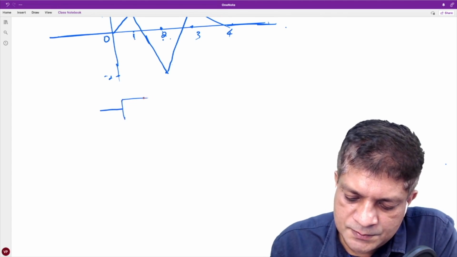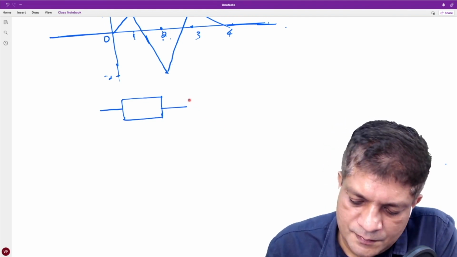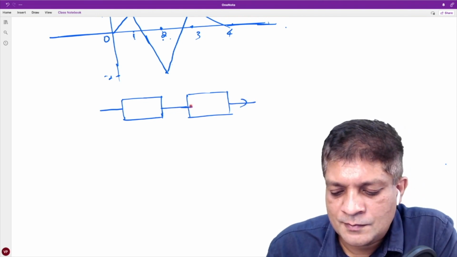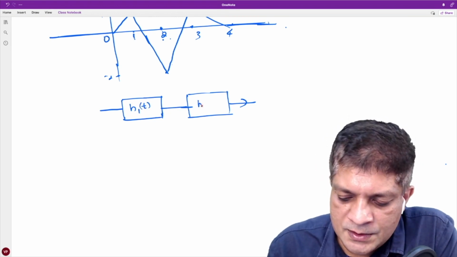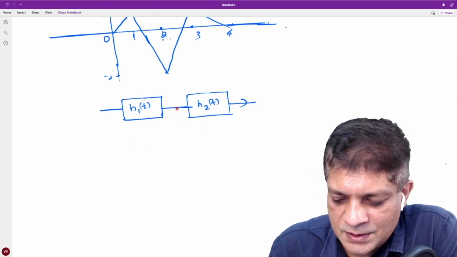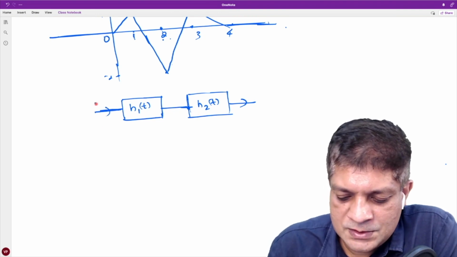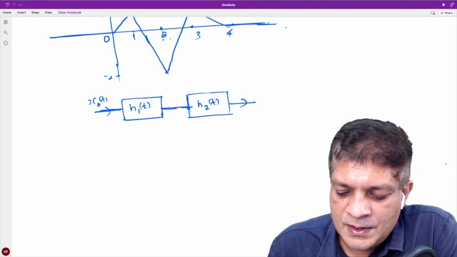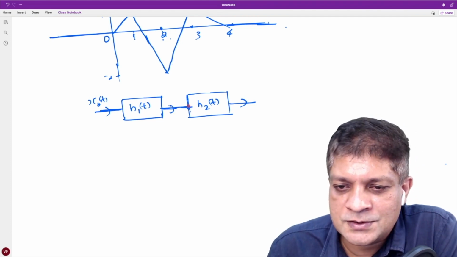Let us consider two LTI systems. The first one has an impulse response h1(t), and the second one has impulse response h2(t). This is the input to the first system, let's say x(t), and we are giving the output of the first system as the input to the second system.